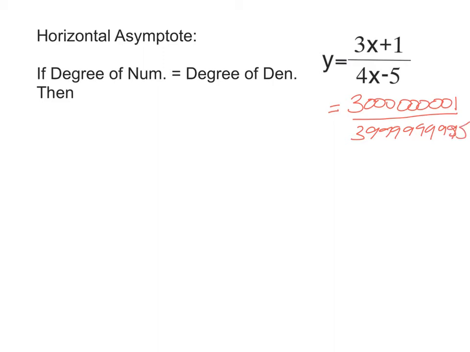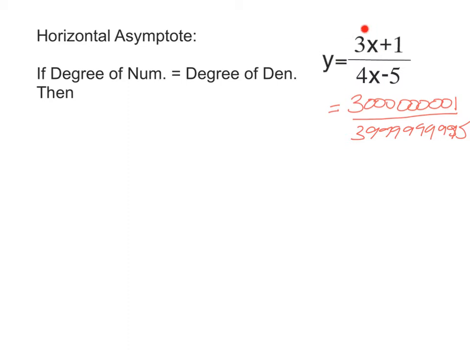If we were to simplify this, just estimating it, even just typing it into your calculator, you would end up with almost 3/4. Because of that little 1 at the very end and that little 5 at the very end, because we're dealing with a number that's so very large, what we're adding and subtracting on the end doesn't really affect the overall value of the fraction.